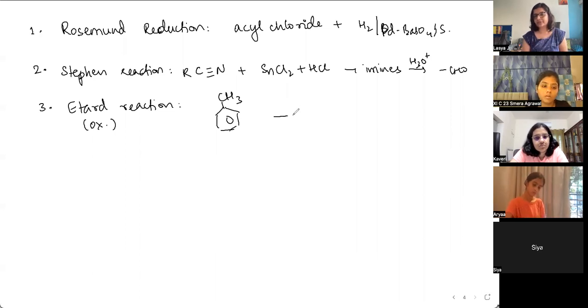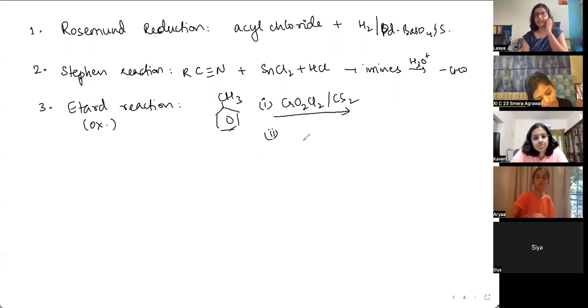Is it chromyl chloride or chromic acid? Chromyl chloride, CrO2Cl2, and then you have carbon disulfide. Then on acidic hydrolysis it gives benzaldehyde.